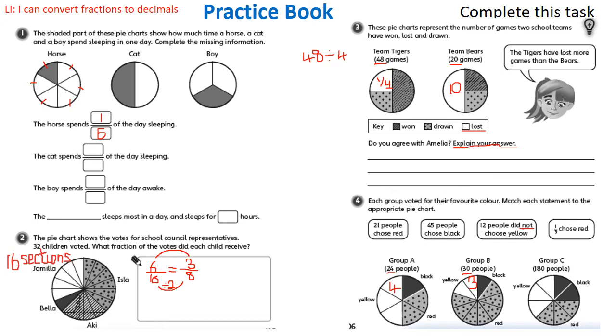Group C is 180 people. And how many sections has it been split into? 1, 2, 3, 4, 5, 6, 7, 8. Right, well, you might want to do yourself a little bus stop here so that you can work out 180 divided by 8, but I can tell you it's 22.5 people in each section.